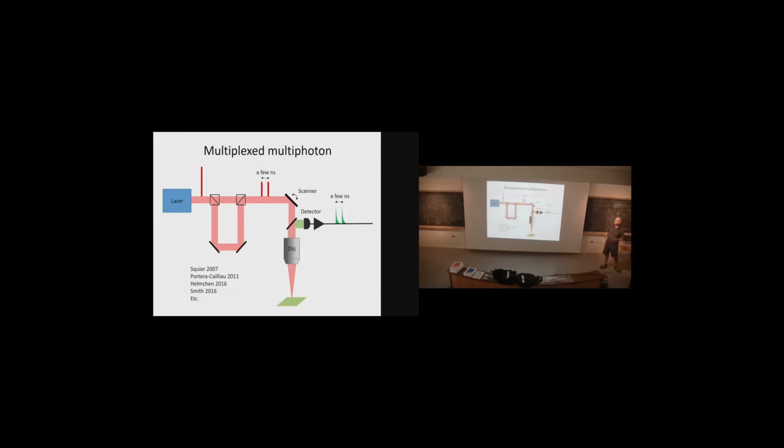So temporally multiplexed 2-photon works as follows. Let's take each pulse, and let's split it in 2. You split it in 2 by using this 50-50 beam splitter. You send half of the light through a longer path than the other half. So you take this pulse and split it in 2, and the time separation depends on the path length difference between this and this. And you can separate them so that the separation is a few nanoseconds.